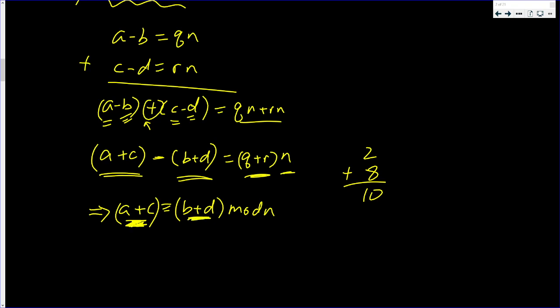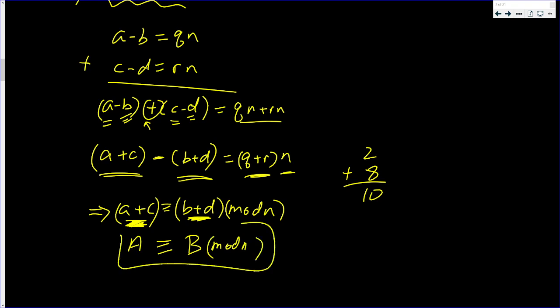You can think of this as one number. So we have one number is congruent to another number mod n. That's perfectly fine language. Okay, a plus c is definitely one number. Sometimes you want to think of it as two numbers. But right now, it's probably best to think of it as one number.